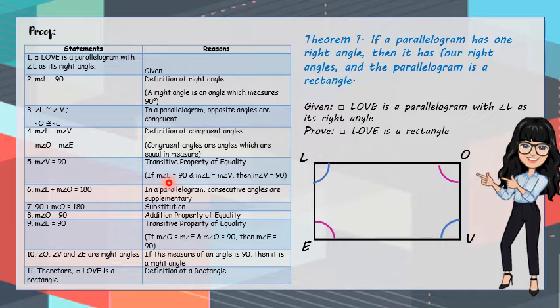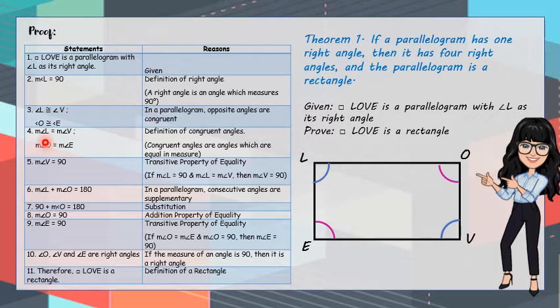So this is measure angle L, this is measure angle L. So we have come up with 90, which is equal to measure angle V. We can also use the substitution property here. Measure angle L is equal to measure angle V. We will be substituting the measure angle L here by its value. The measure of angle L is equal to 90.